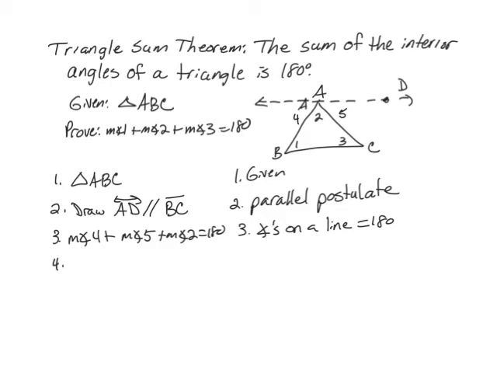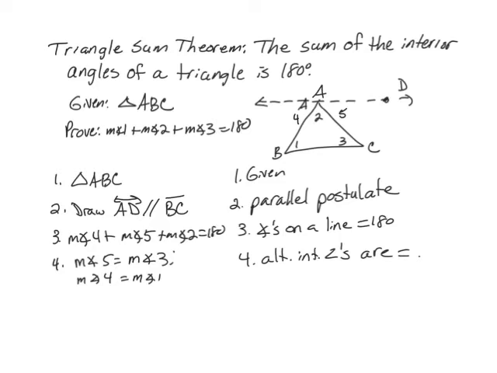So I'm going to write two statements in line 4. The measure of angle 5 is equal to the measure of angle 3, and the measure of angle 4 is equal to the measure of angle 1. And that is because alternate interior angles are equal.